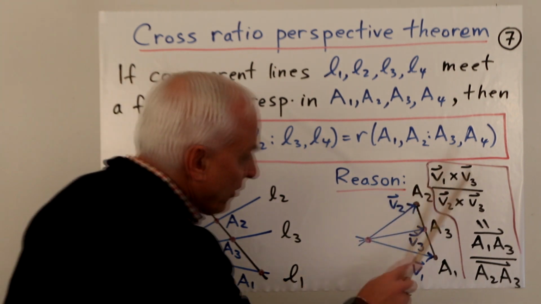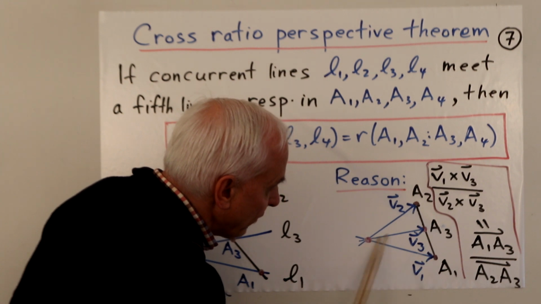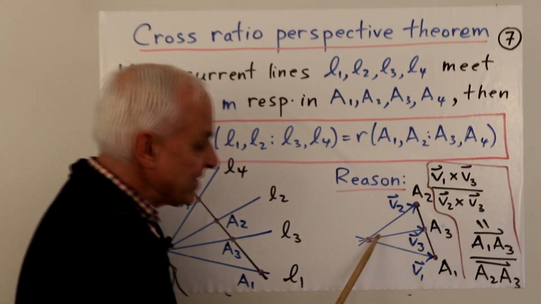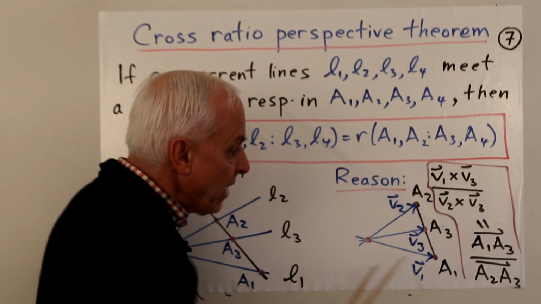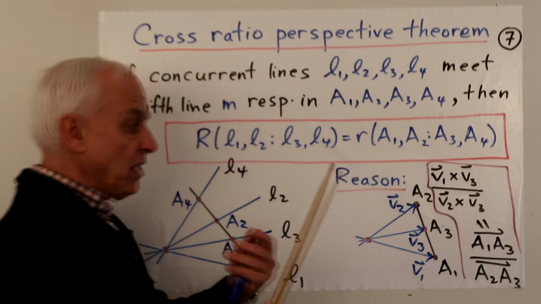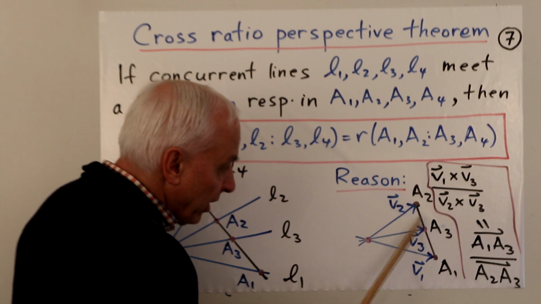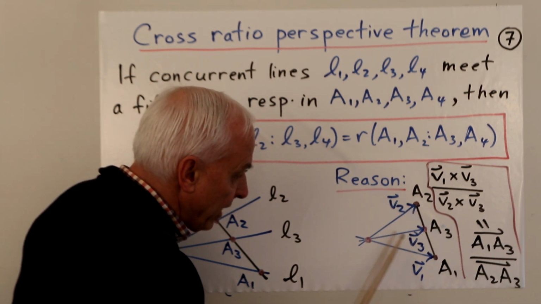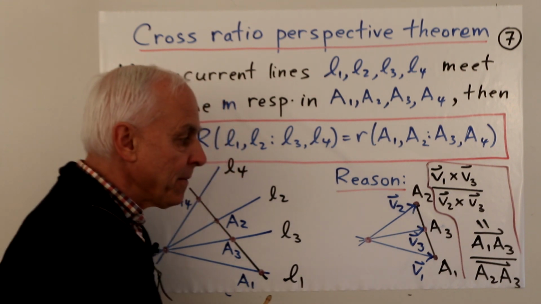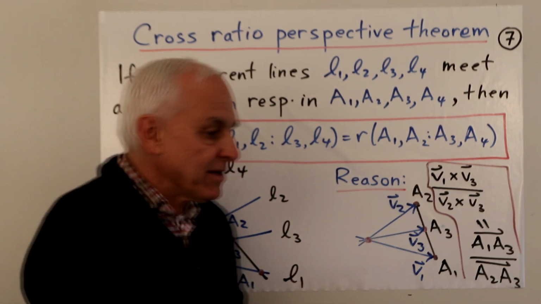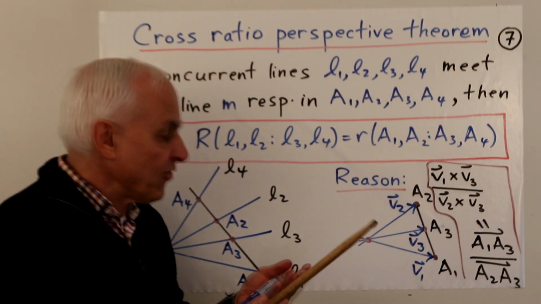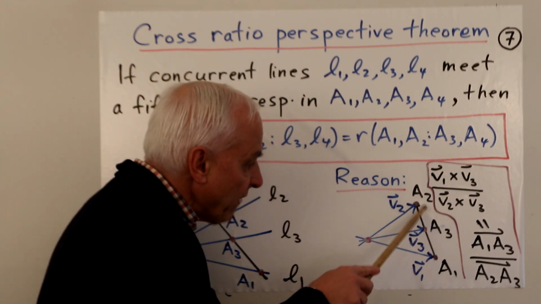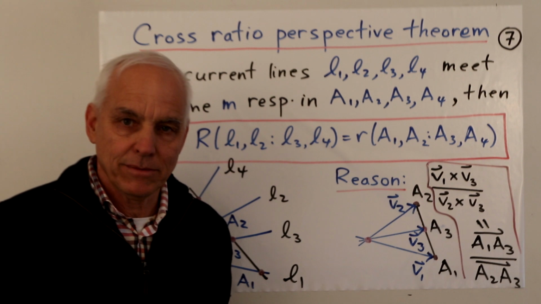Then v1 cross v3 is going to be more or less twice the signed area of that triangle there. And v2 cross v3 in the denominator is going to be more or less the signed area of this triangle here. The first one going this way, the second one going this way. And then that is the same as the ratio of the vector a1a3 to the vector a2a3.